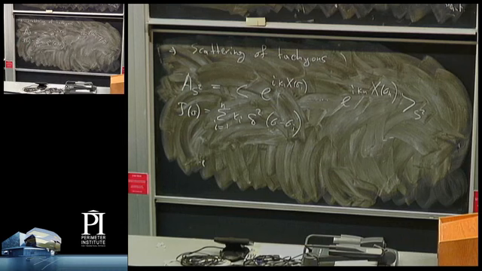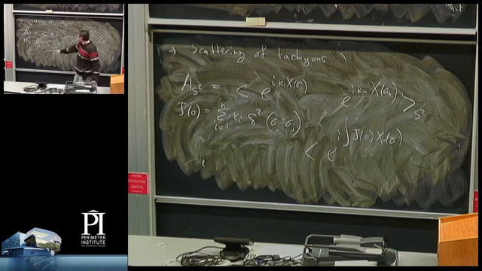Remember that we evaluated the general correlation function of the type exponential i integral J of sigma X of sigma. If we choose a particular source of this type, the sum of k_i times the delta function, and the insertion of the vertex operator, then we end up computing precisely this correlation function, which corresponds to a scattering of n tachyons on the sphere. All right?